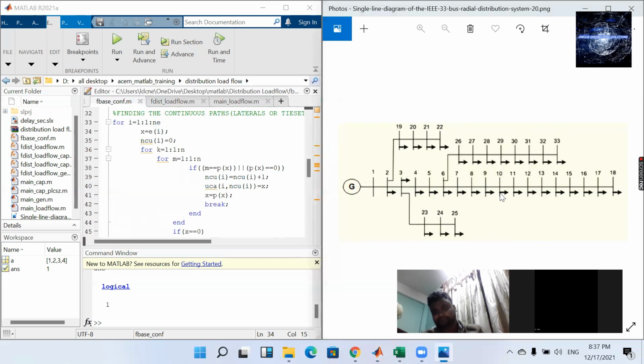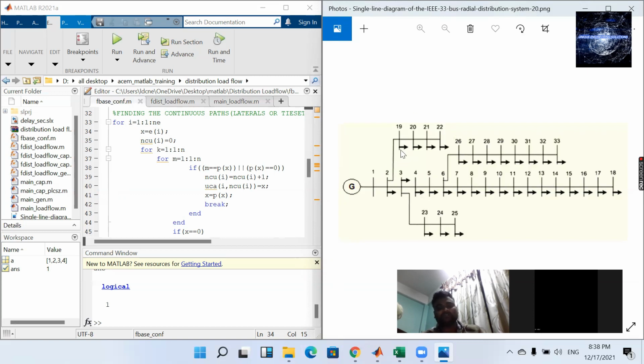Suppose we have chosen in node 18, then we have to find the precedence node of 18, that is 17, and then the precedence node of 17, that is 16. Likewise, we get the starting node by going on chain after chain. That is, from 18 we go to 17, then 16, and so on up to 1.